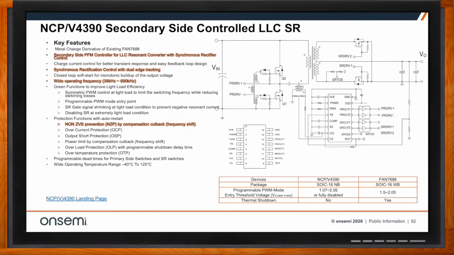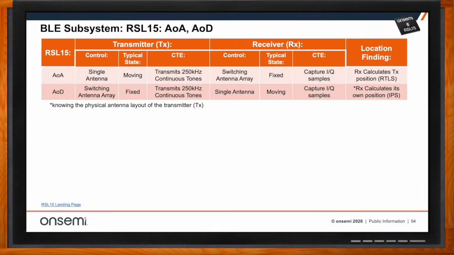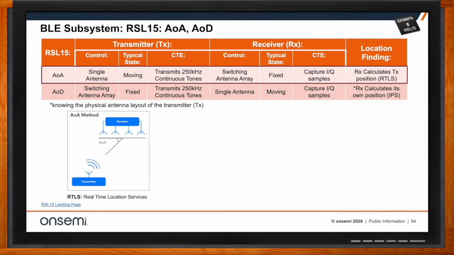So, can we also talk about the BLE subsystem as well? Sure. We offer the RSL15 BLE device. The RSL15 supports angle of arrival and angle of departure. If you want to use angle of arrival, that works for real-time location services where the transmitter is a single antenna, typically moving, and it generates the continuous tone extension.